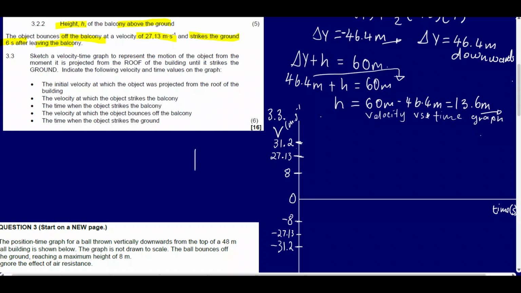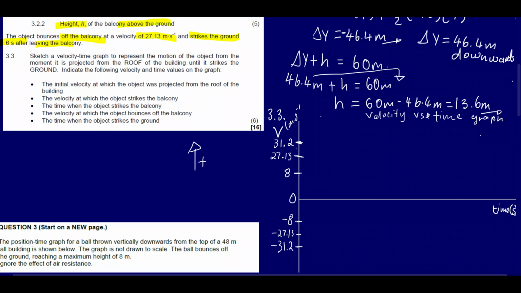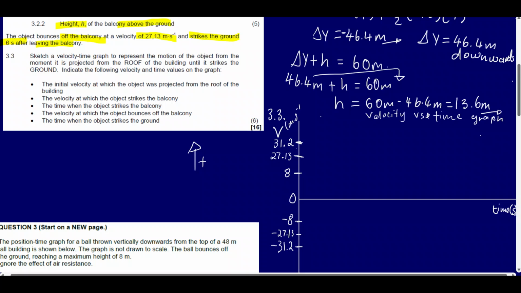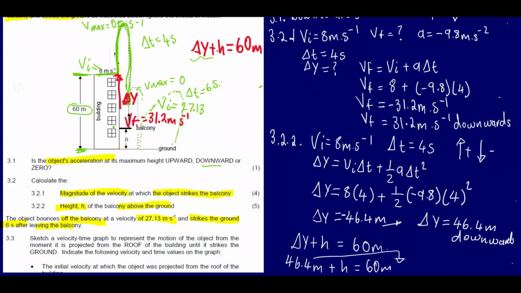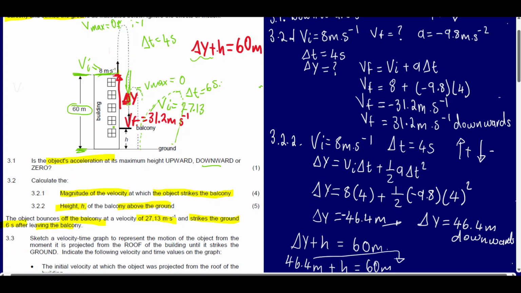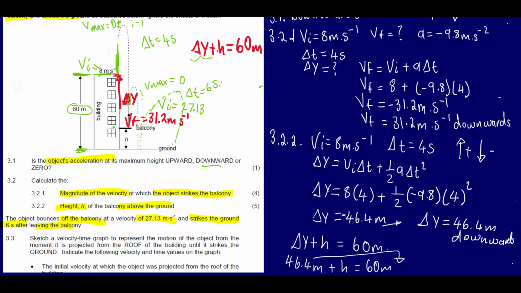You will see in this video how we would draw it. We draw it using lines. We want to take the upward direction as positive. So the motion going up in this situation, the object is going to go up until it reaches the maximum height, where the velocity is 0.